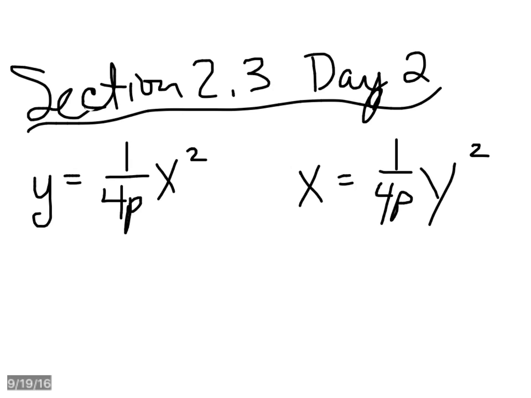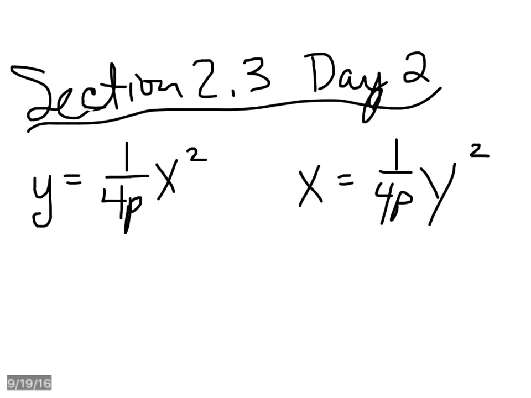But again, what we're doing is we're coming up with the equation based on this formula. So what we need to figure out is what the letter P stands for. P stands for the distance between the vertex to focus or the vertex to the directrix. That's how you find P.